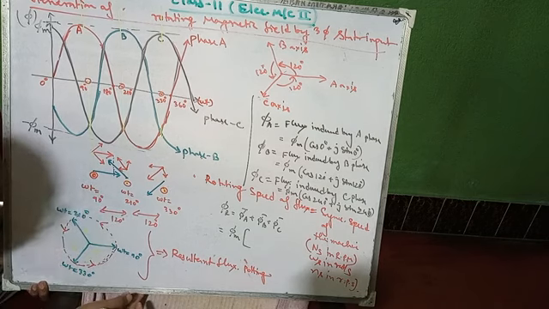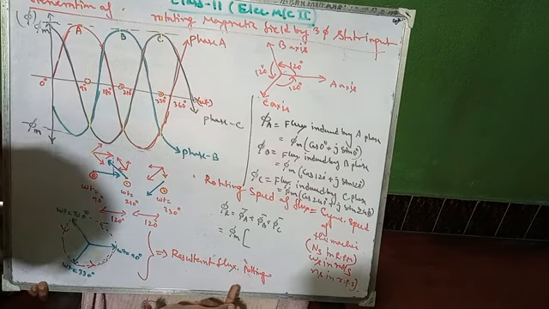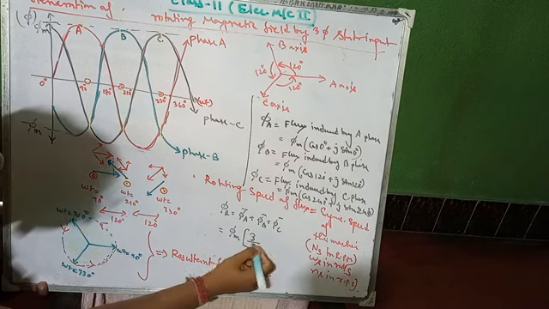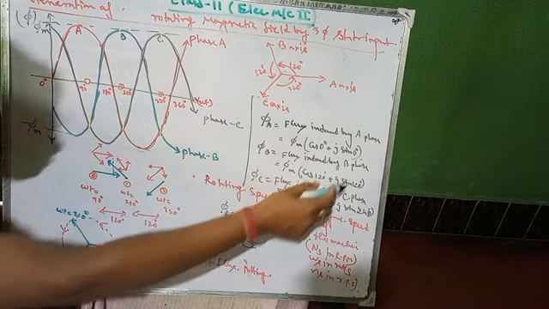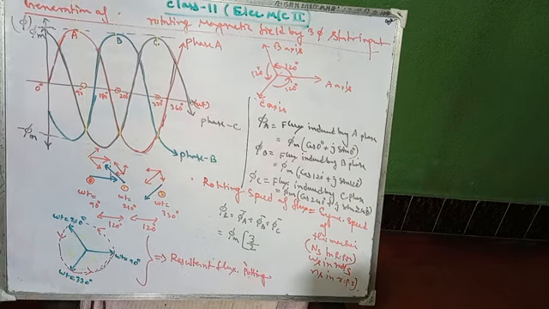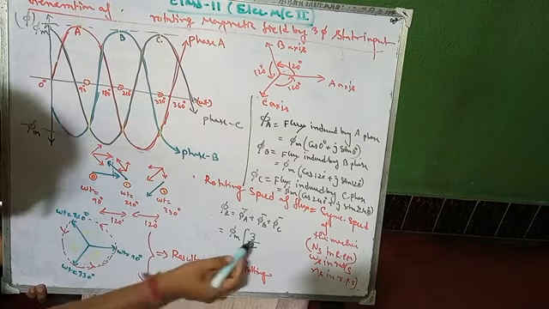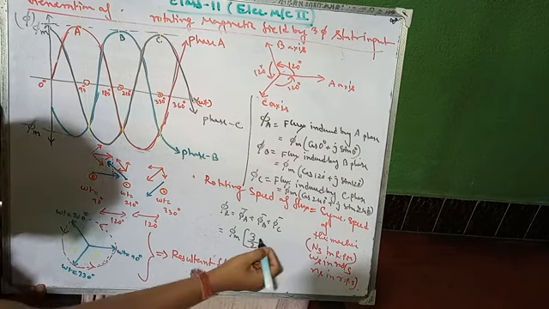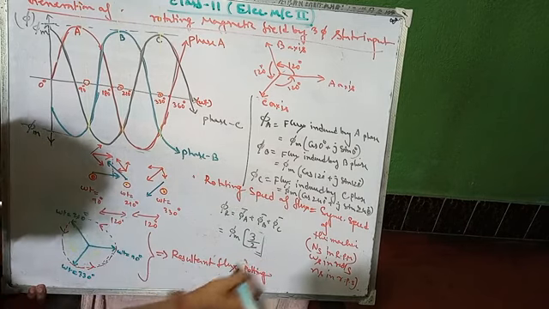So next one. If we add actually, then you can see that it will be 3 by 2. So just do this calculation. Just put the cos 120 degree value, sine 120 value, cos 240 value, sine 240 value by your own calculator. Then you will be able to see that these values will come to 3 by 2. Okay.